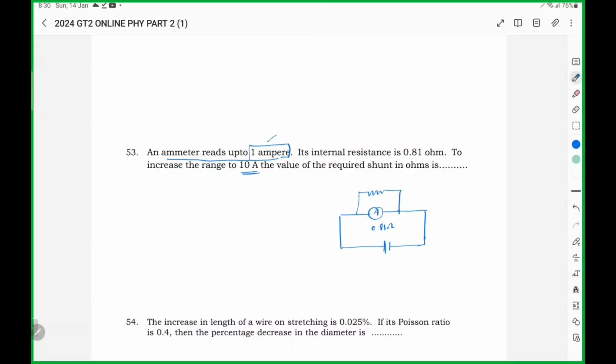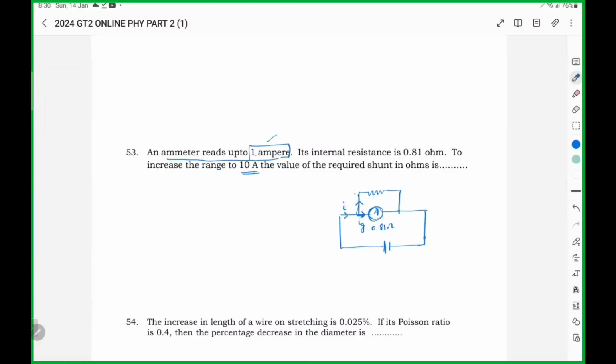So here, if the resistance is small, more current will flow through this, less current will flow through the ammeter. Maximum current through the ammeter is 1 ampere.